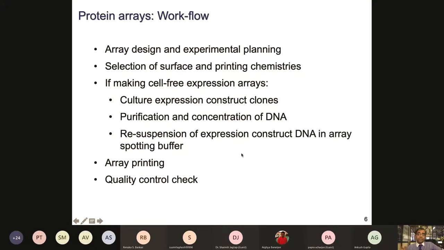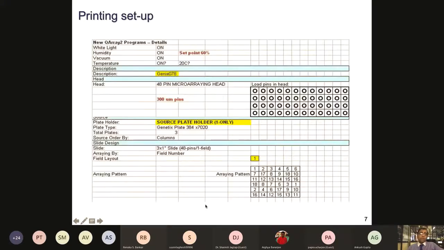Once you're ready with the mixture, either going with this route of cell-free expression based on DNA, or taking the proteins or peptides directly, then you have to do the printing part. That is the next part, array printing. And how good your printing has come, and whether you are ready to perform your next set of experiments, comes under the quality control check. So all of these are important considerations, and I'll give you some glimpses of the process so that you are aware of how things actually work.